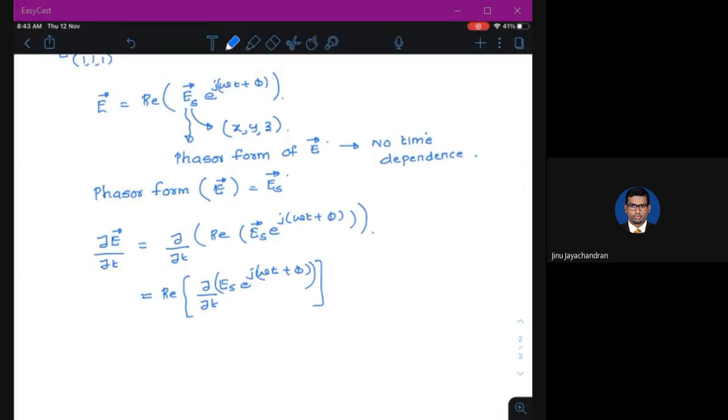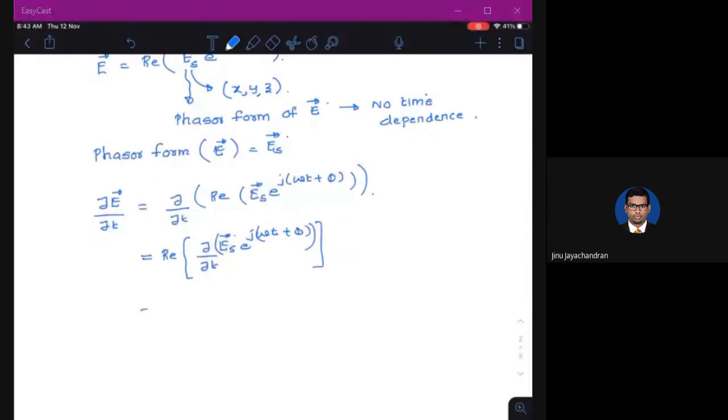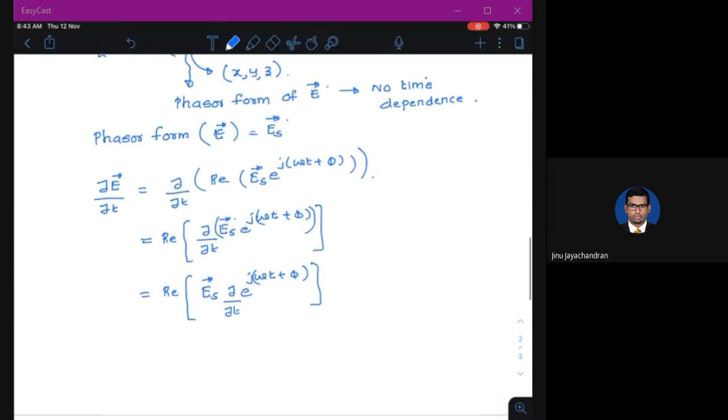Now we already said that ES is independent of time. ES is also a vector, but it is independent of time. So when you do the differentiation, ES is a constant. So it is equal to ES dou by dou t e raised to j of omega t plus phi, which when you differentiate, you will get the real part of j omega ES e raised to j of omega t plus phi.